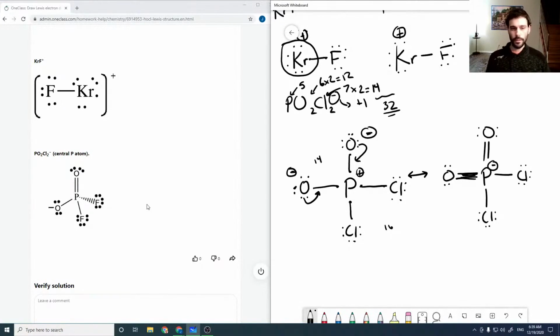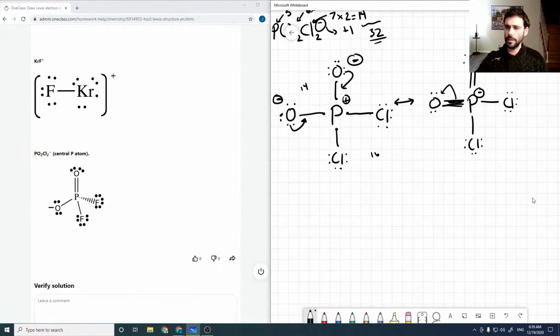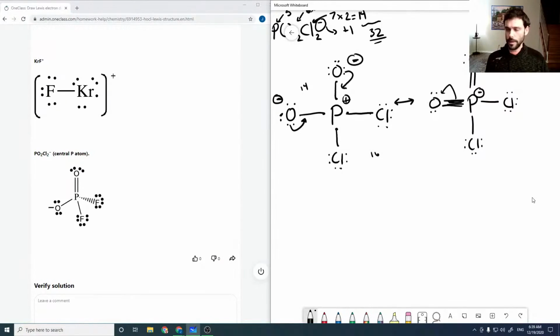This is basically popping this up, which actually should be another viable structure in retrospect, because we've still got the charge localized on only one atom, it being oxygen.